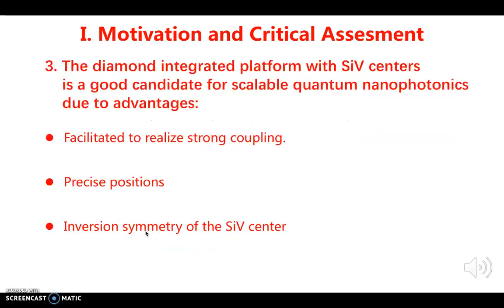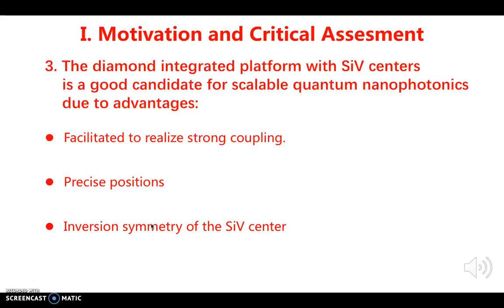Then we were curious about what the advantages of the diamond integrated platform with silicon vacancy centers are. According to the paper, its advantages are very attractive. First, it facilitates strong coupling between single photons and the silicon vacancy centers in a diamond photonic crystal cavity.